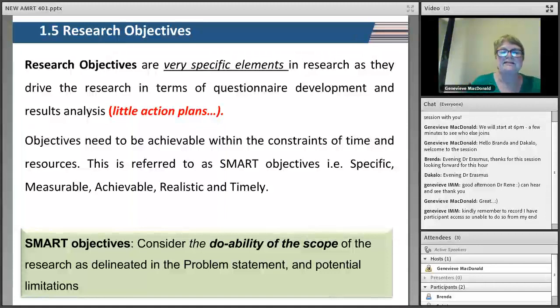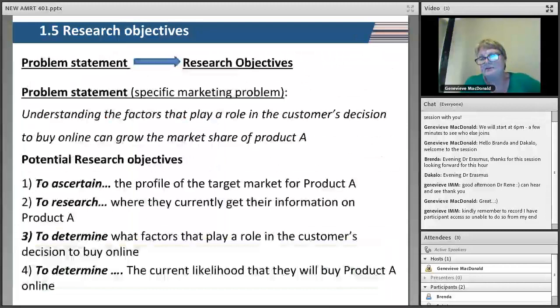Is it realistic? Is it something that I can measure? And can I do it in the time frame? So the doability. You can have wonderful research objectives, but you can't do it because you can't talk to the people. You're not allowed to actually survey or interview. Too bad, then it's not doable. Then you have to find another topic.